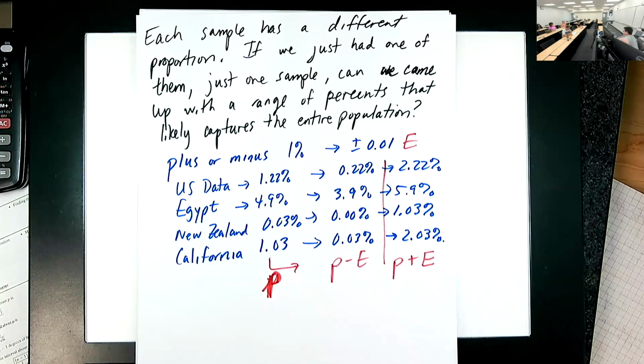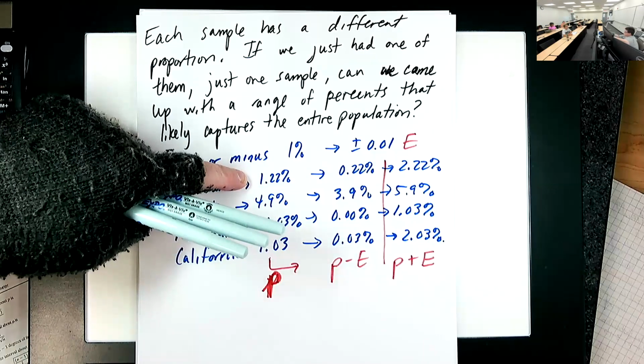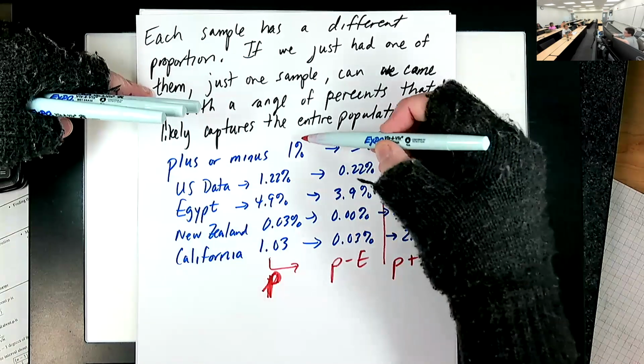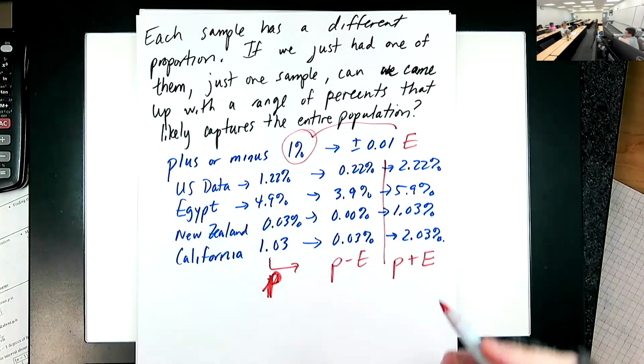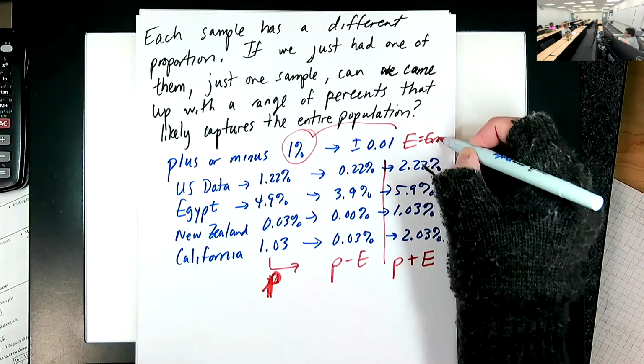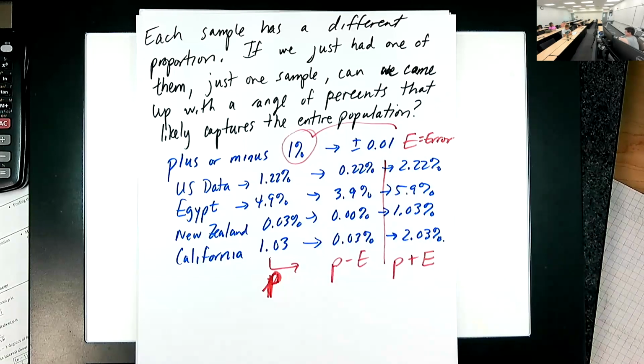I'm going to bring this up later on, but I think that here is a great spot to introduce it. Where did I come up with the numbers? I took these numbers and I subtracted E, which is the one I did as the percent. I was doing everything in percents. So E is for error. The error, because we're doing a sample rather than the entire population.